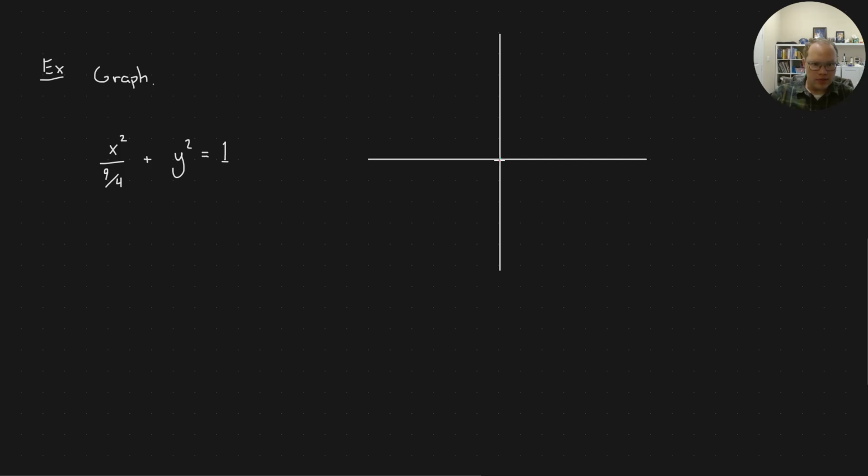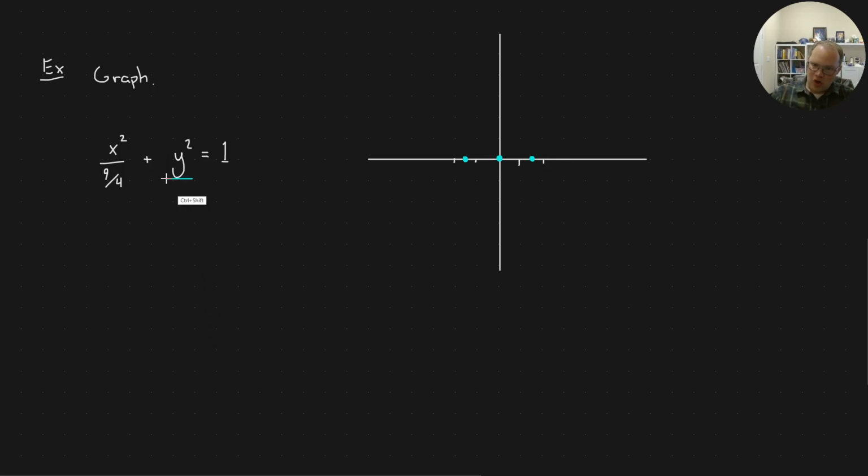Center is still at 0, 0, the origin. In the x direction, the denominator here is 9/4. So I want to take the square root of that and go left and right in the x direction, the square root of 9/4, which is 3/2. Okay. So 3/2 is 1.5. So I'm going to go 1.5 units left and right. Now what about for the y? Y is squared, there's nothing in the denominator.